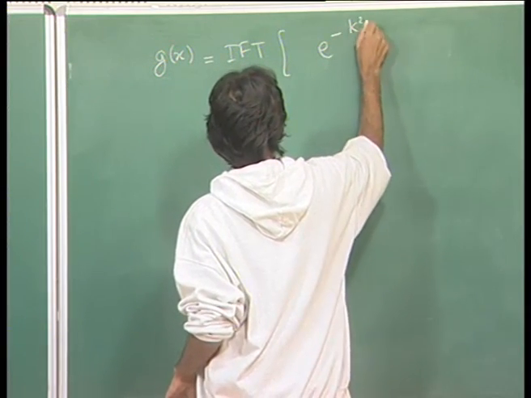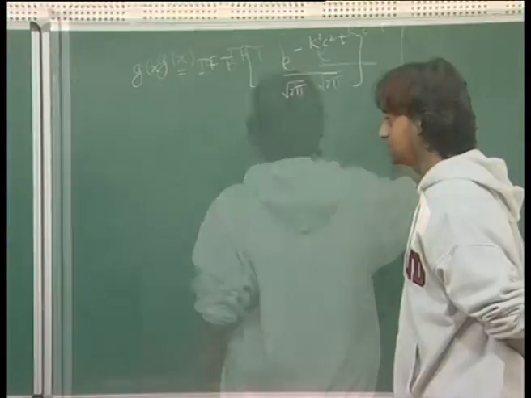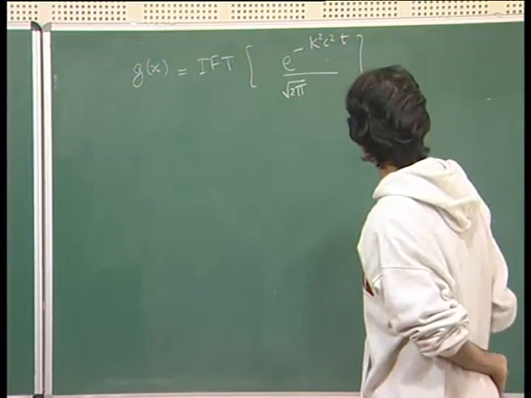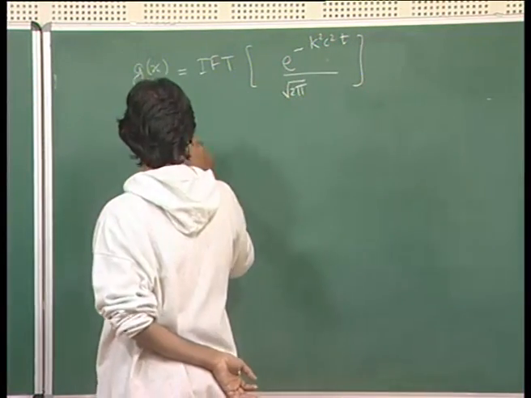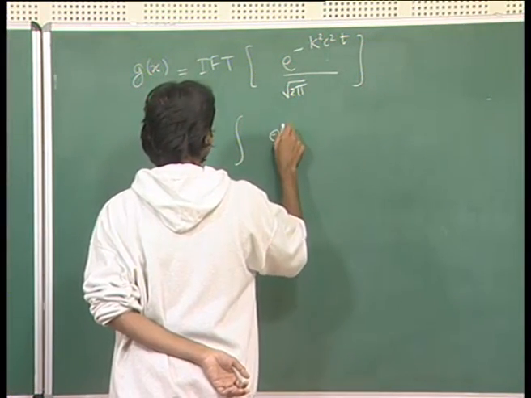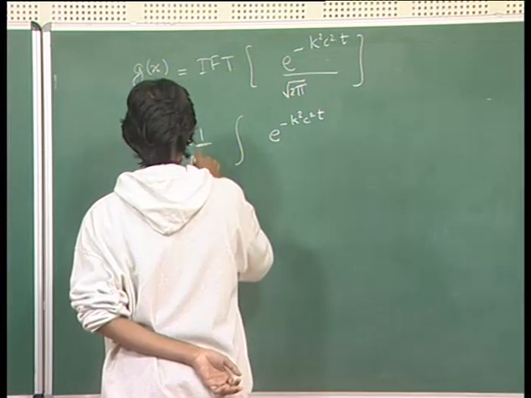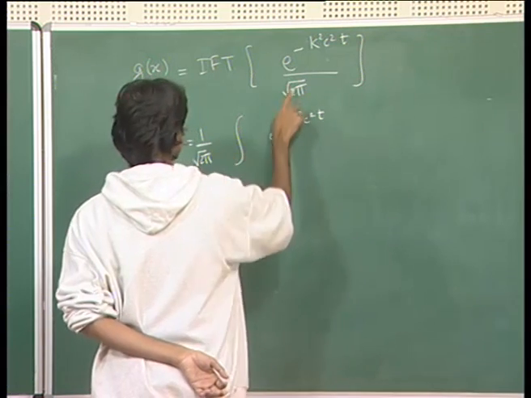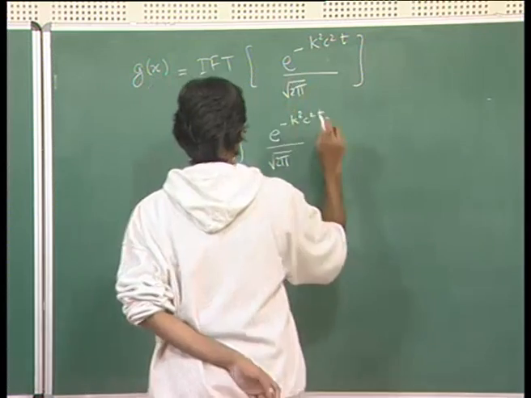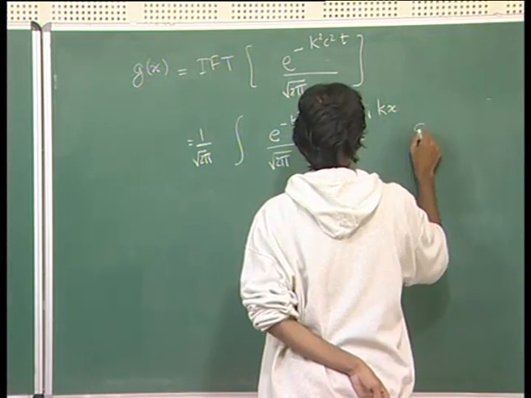So, g of x is equal to the inverse Fourier transform of e to the minus k square c square t divided by square root of 2 pi. And what is the inverse Fourier transform of this? You can show this. It is equal to the integral of e to the minus k square c square t times 1 by root 2 pi, and then another 1 by root 2 pi, times e to the i k x d k.